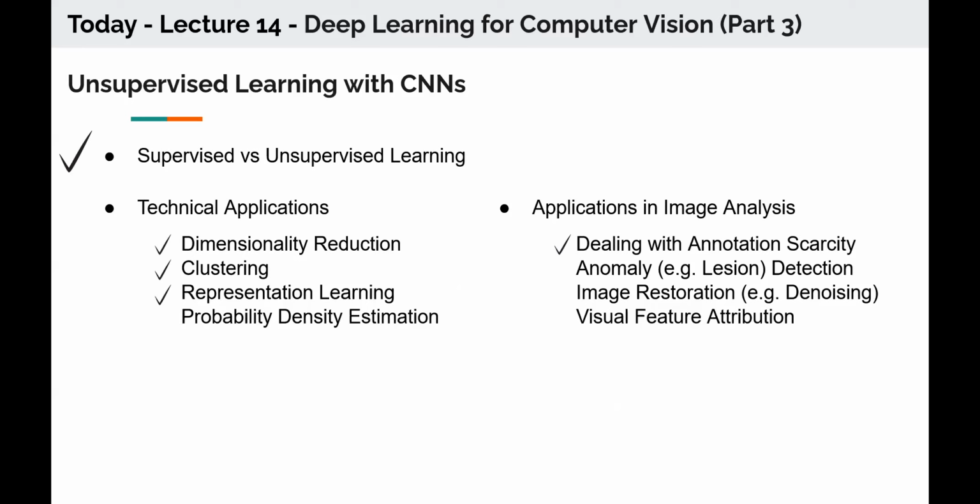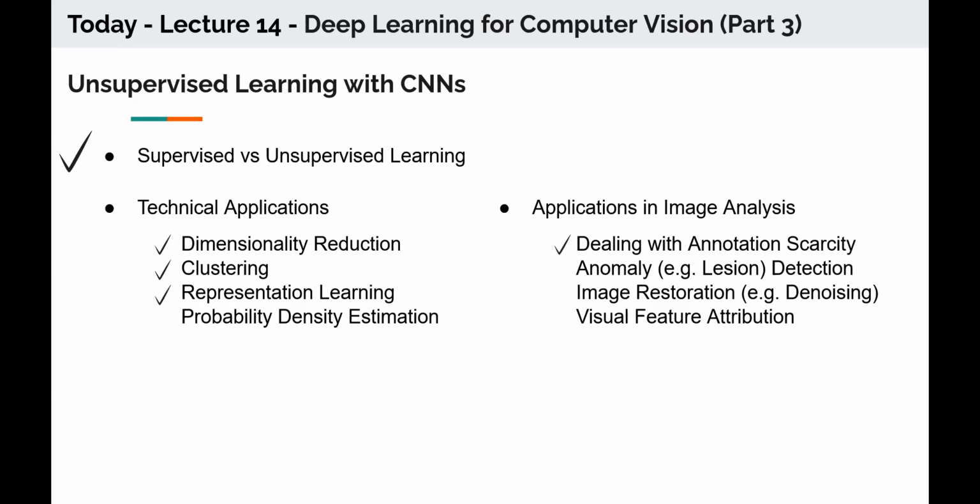Then we talked about representation learning, and in particular self-supervised learning, and saw that one application of representation learning is dealing with annotation or label scarcity, which is quite common in medical image analysis.